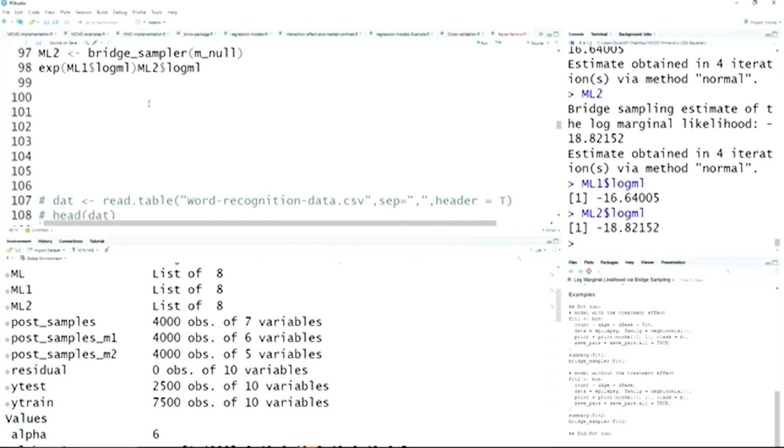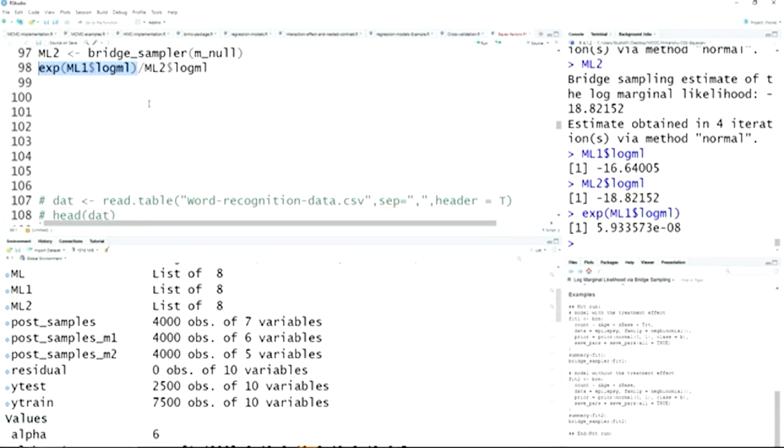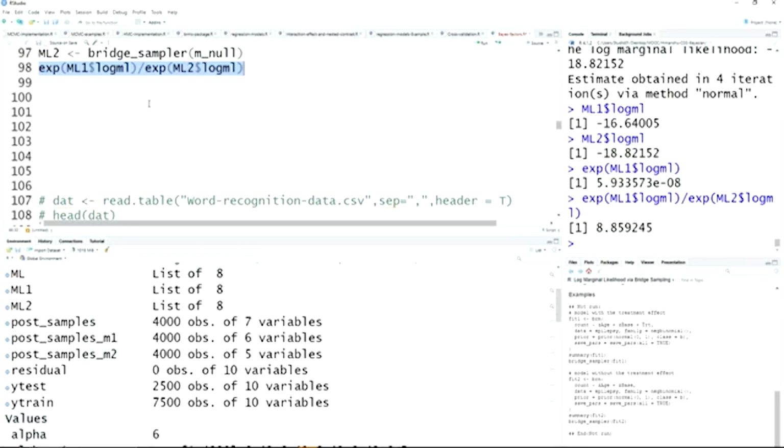So this would give you the raw marginal likelihood of model 1, which is this, right? And divided by exponent of log ml of model 2. So this comes out to be 8.85, right? So approximately that's the value we got using Monte Carlo integration as well. So this is the Bayes factor in favor of model 1 compared to model 2.